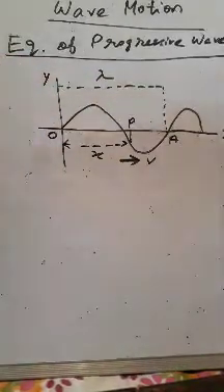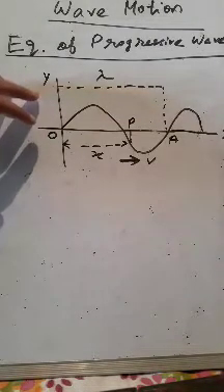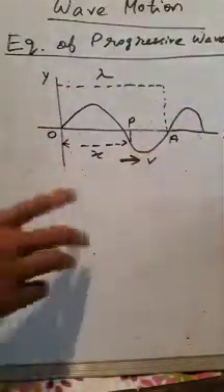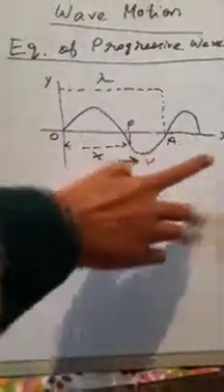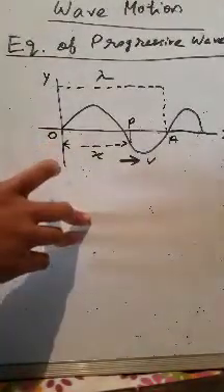So, like our previous classes, here also we will assume a one-dimensional progressive wave is propagating in a medium along OX in the positive direction of the x-axis with O as origin.